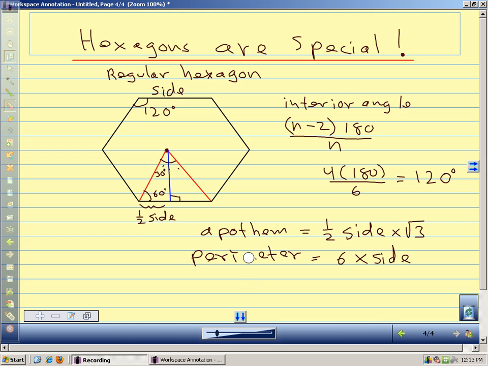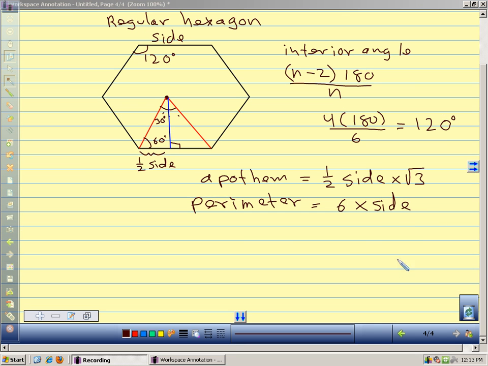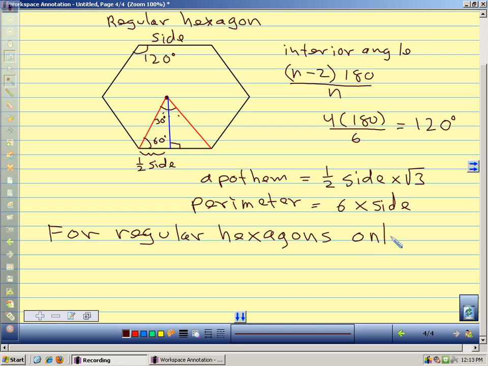I don't need any other information because the apothem divides, if I draw in the radius and the apothem, it divides the regular hexagon into a 30, 60, 90 triangle. So I have another area formula that's just for hexagons. So for regular hexagons, and this is why they're special, and this is for regular hexagons only. It doesn't work with any other shape.